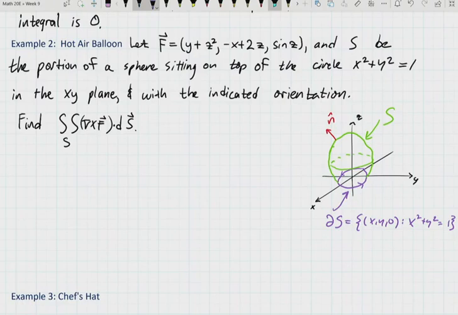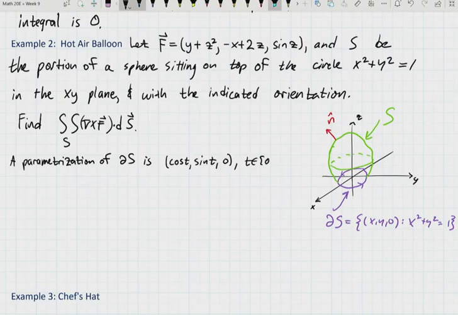All right, cool. So then let's do that. A parametrization of the boundary of S that is consistent with the orientation is (cos t, sin t, 0) for t from 0 to 2 pi.